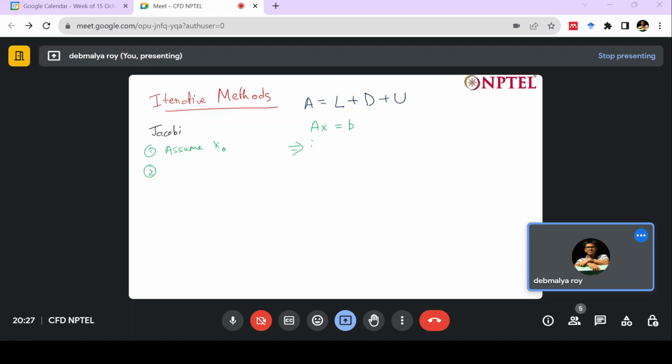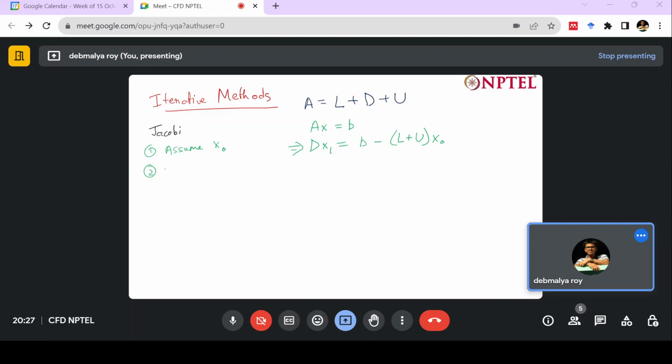So if I have just this Dx, this is equal to b minus (L plus U)x, right? This is basically taken as the new step, and this x as the old step.